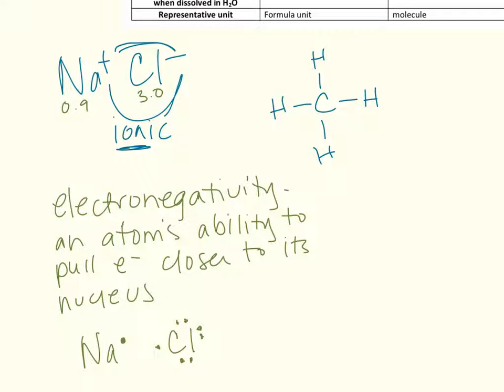And so because chlorine's value is so much higher than sodium's, this electron comes over here. And so what you end up with is sodium plus and chloride negative. And this is due to the extreme differences in electronegativity.